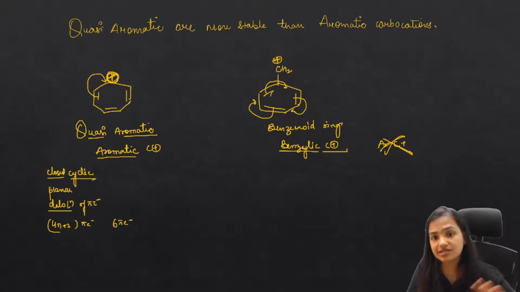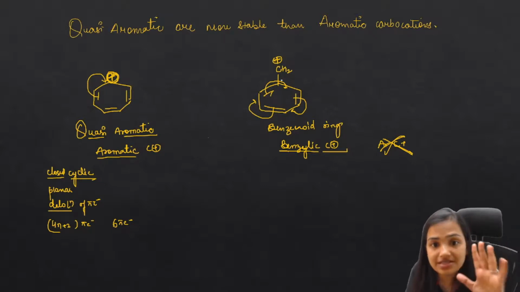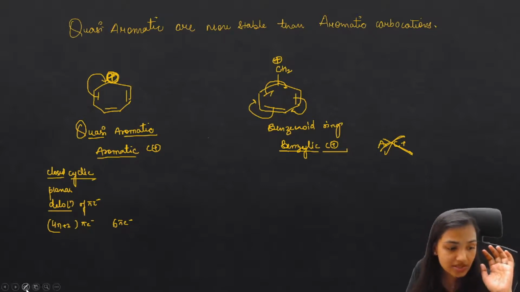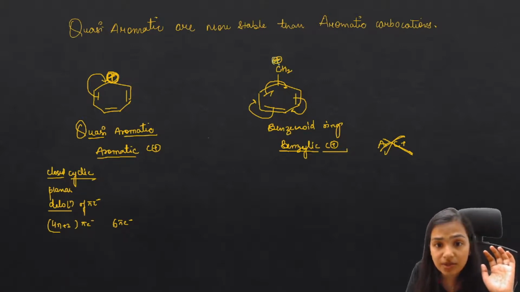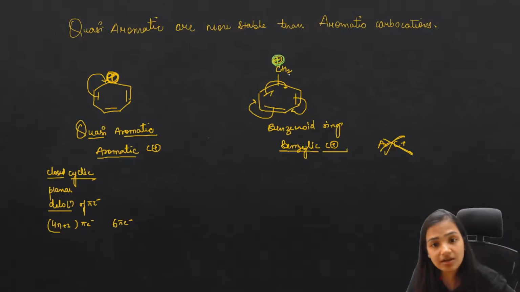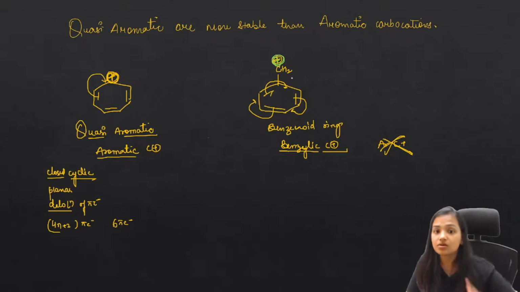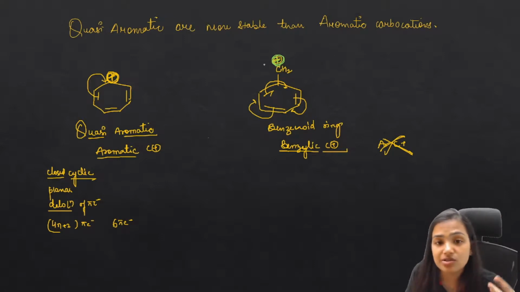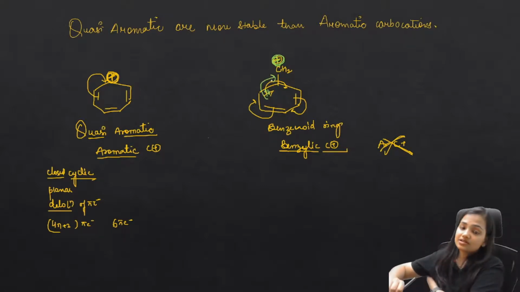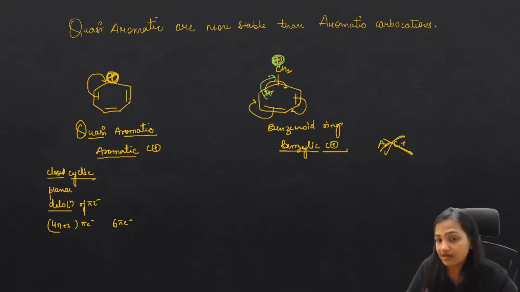So this is a species which will get stabilized. My question is not about the stability of a ring. I was asking you about the stability of a carbocation. So who is stabilizing my carbocation? Is it the ring? Is it the delocalization in the ring? No, delocalization in the ring is not stabilizing my carbocation. My carbocation is getting stabilized by resonance with these pi bonded electrons.